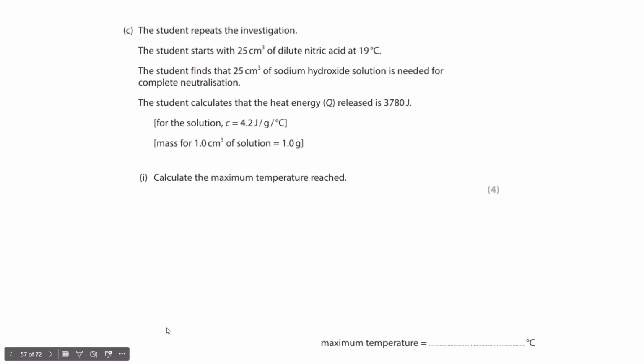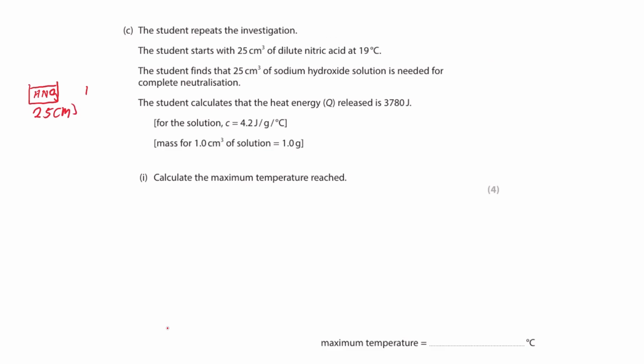Then they say the student repeats the investigation, starting with 25 cubic centimeters of dilute nitric acid. Now it's a different scenario, right? So I'll write it here. We have HNO3 at the bottom, 25 cubic centimeters of nitric acid.